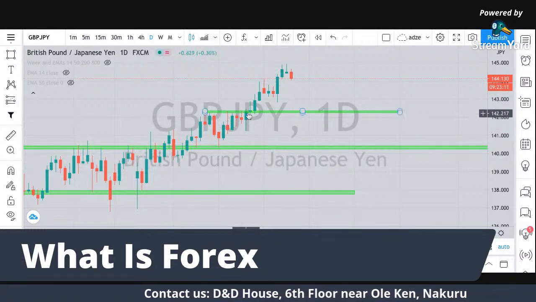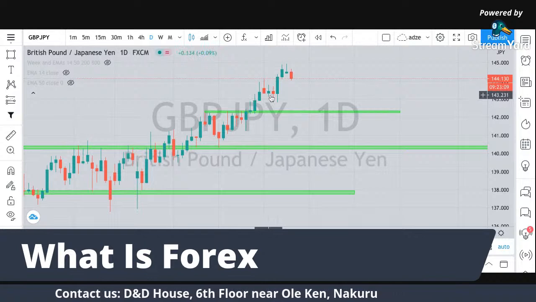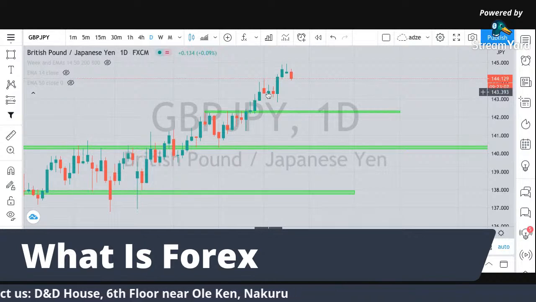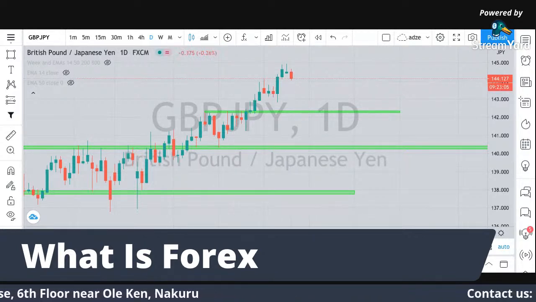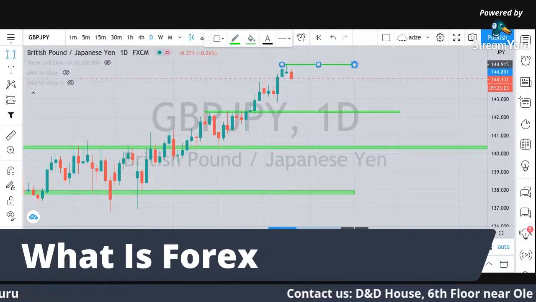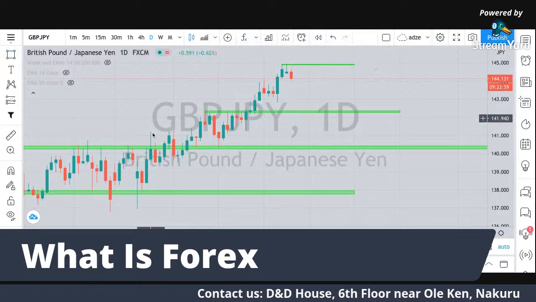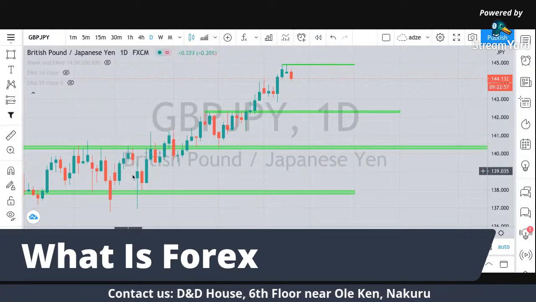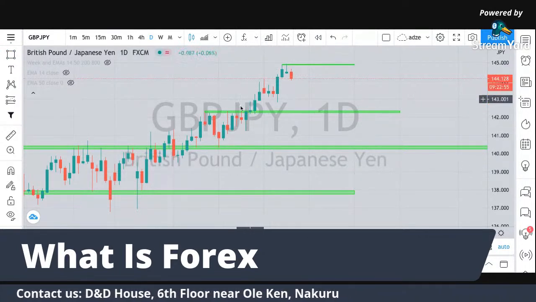Resistance, blow, come back, and then there's a small pullback and accumulation, and then we are here now. This is another high that has been created. Generally, looking at it, I can say this is a bull run.